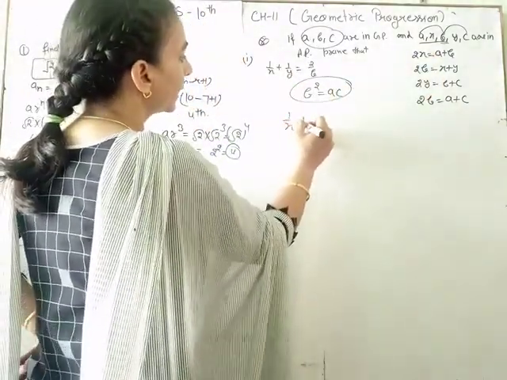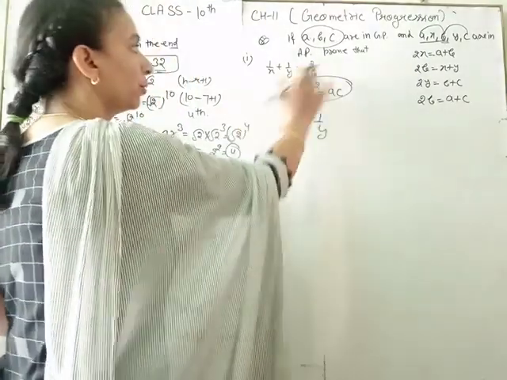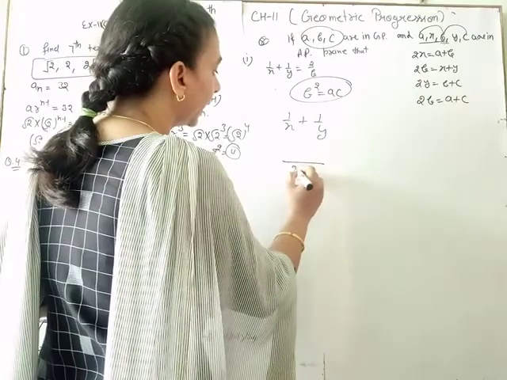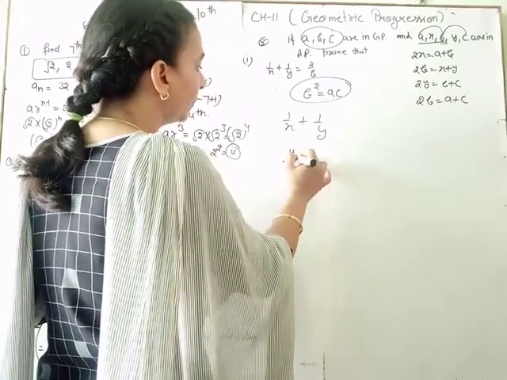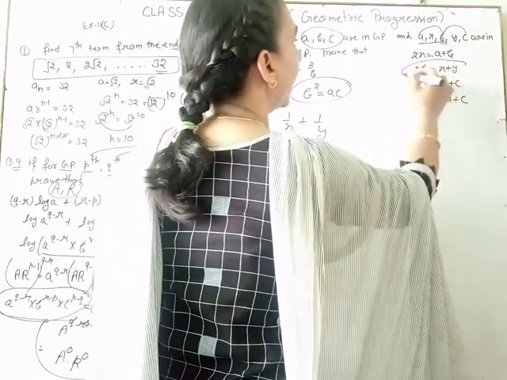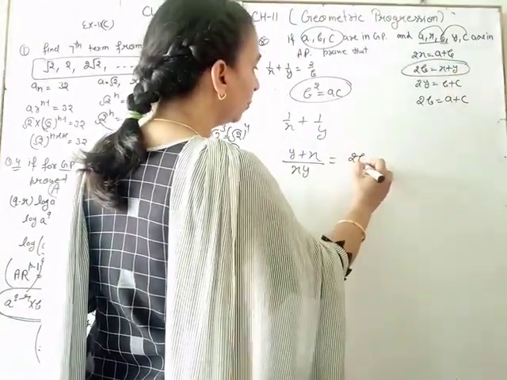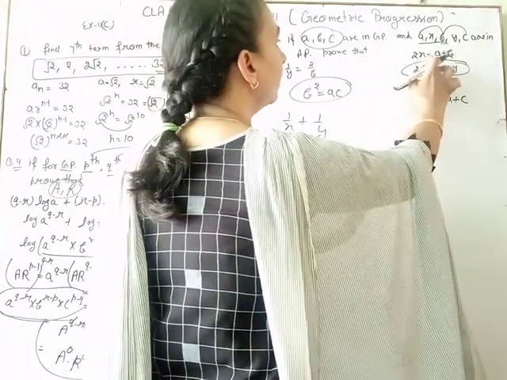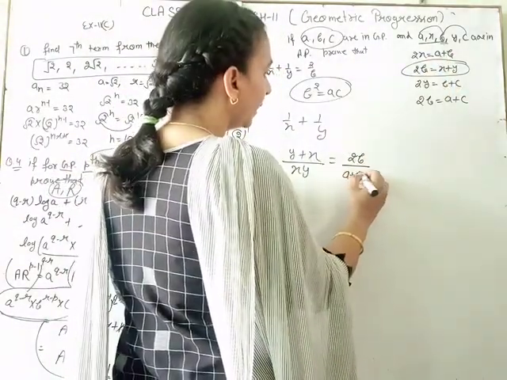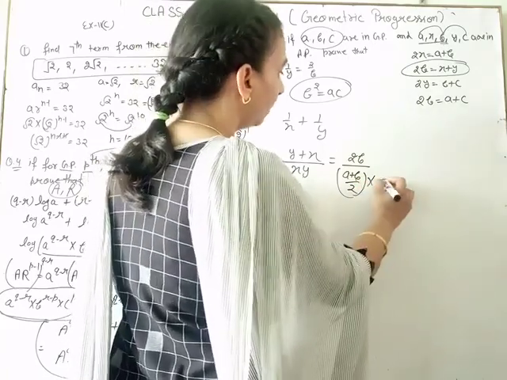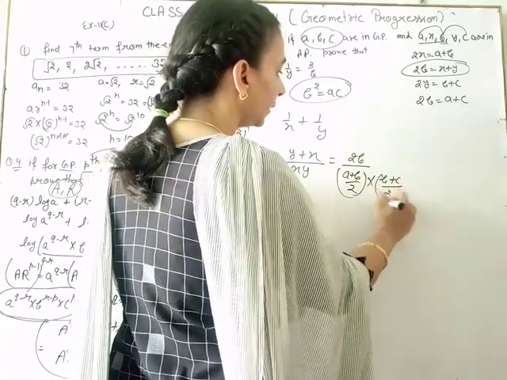Then on the left hand side, 1 by X plus 1 by Y, we have to show that this equals 2 by B. We take the LCM XY, that is Y plus X, so X plus Y divided by XY equals 2B divided by XY. In place of X, A plus B by 2, and in place of Y, B plus C by 2.